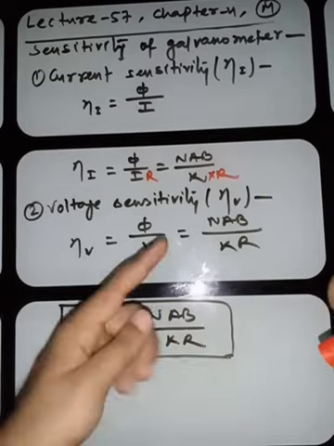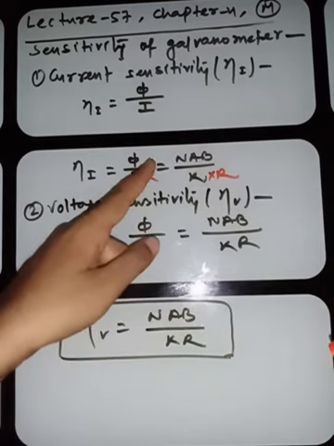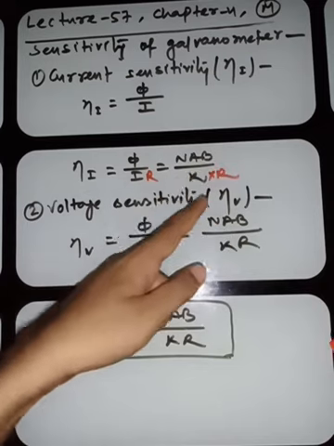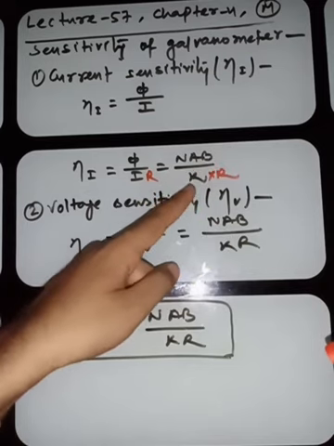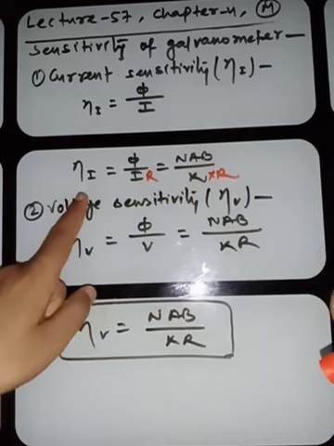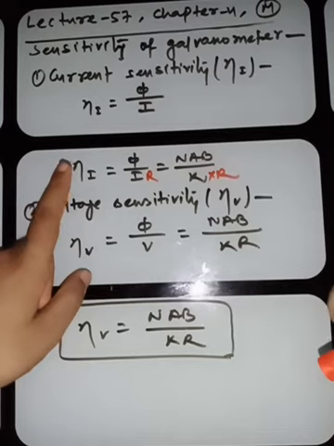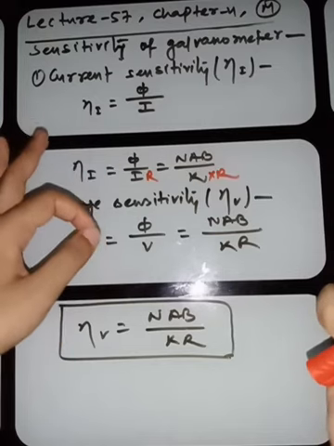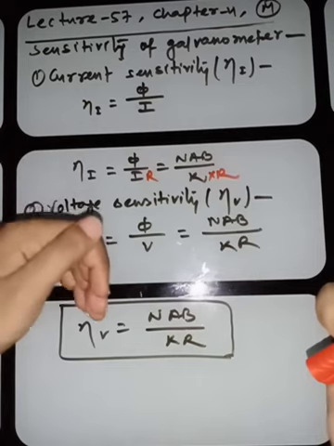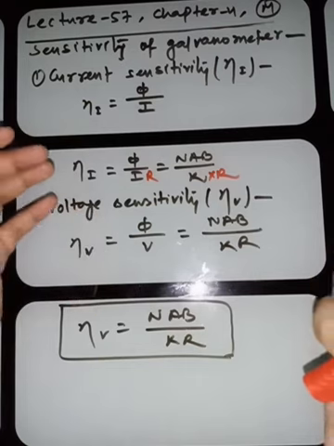Suppose you are increasing the current sensitivity. What does it mean? It means you are changing the value of NAB by K. If you are changing the current sensitivity, is it necessary that the voltage sensitivity will change? The answer is no. It is not necessary that the voltage sensitivity will change if the current sensitivity is changing.